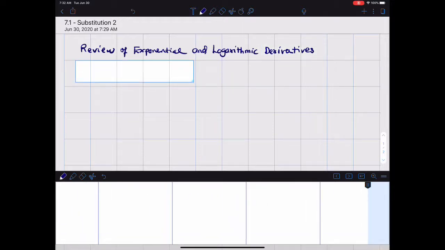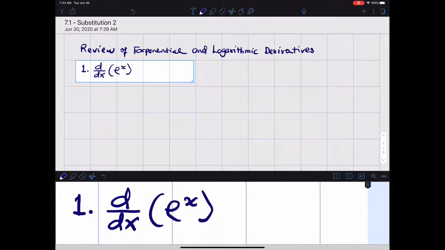Okay, so recall that if we have e to the x, the derivative of e to the x is just e to the x. So we can write it this way: d/dx of e to the x is just e to the x.